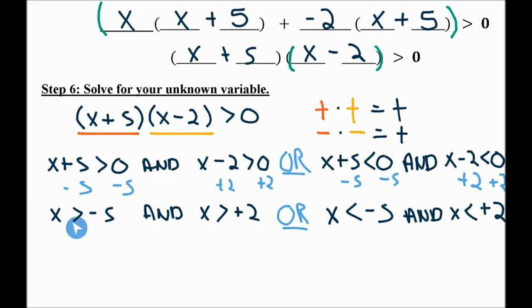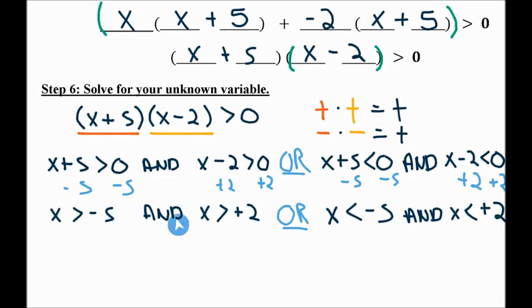If x is greater than positive 2, then it's greater than negative 5. But what this is saying is that x has to be greater than negative 5, and x also has to be greater than positive 2. So, we only need one of these constraints.